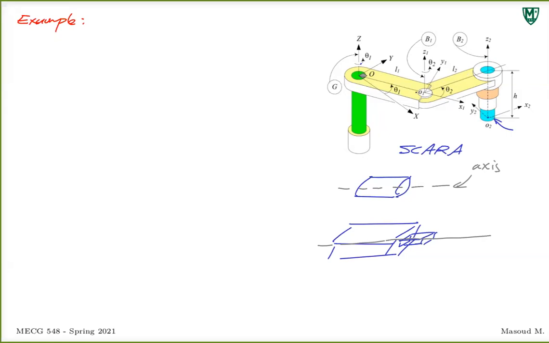Or if it's just a suction mechanism and it's sucking something, taking it from somewhere and putting it somewhere else. Typically, a typical motion for a SCARA mechanism can be just a suction mechanism, right? That's where it's attached. So in a lot of cases, it's important to trace this point.